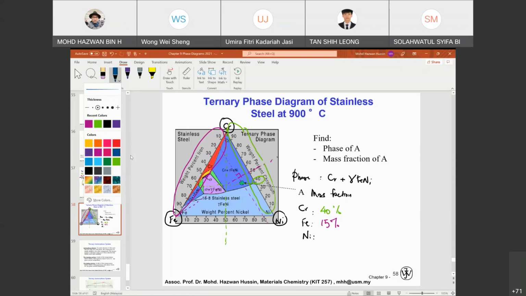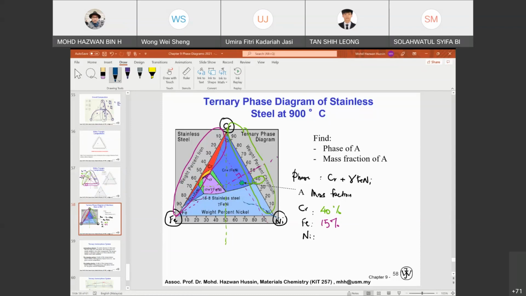Okay, we can draw another line here. And then this would be the value for B. We read it here. 40. Got 40.